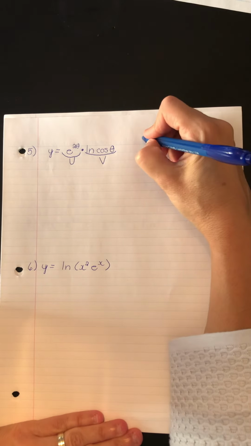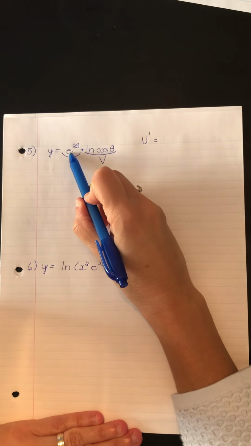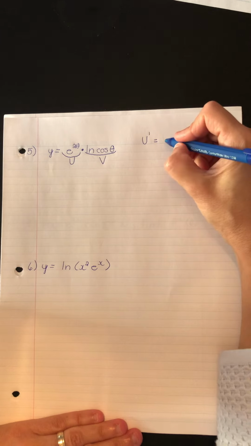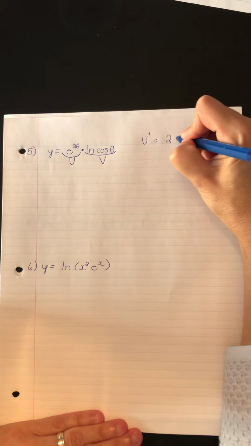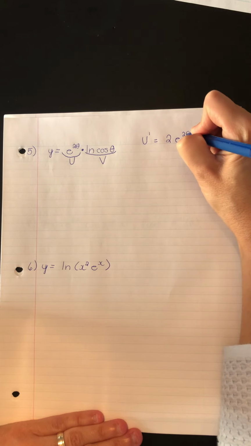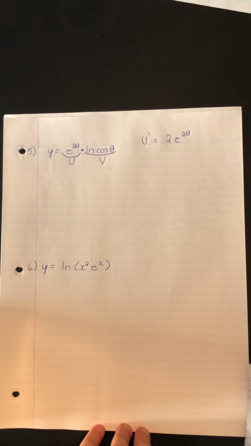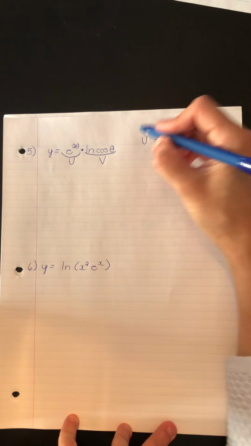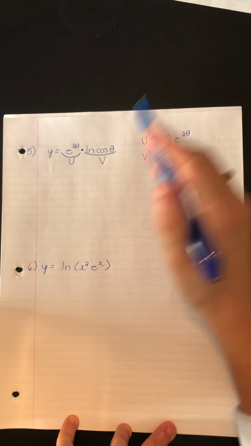So I think that u prime is quite straightforward. What's the derivative of e to the 2 theta? Well, it's e to the 2 theta times 2, or 2e to the 2 theta. Okay, that's our new derivative rule for today, the 8th one on the list. Now, what about forming the derivative of v?